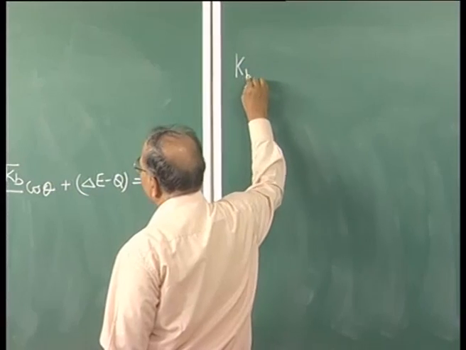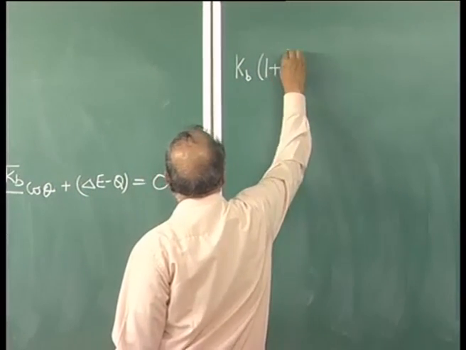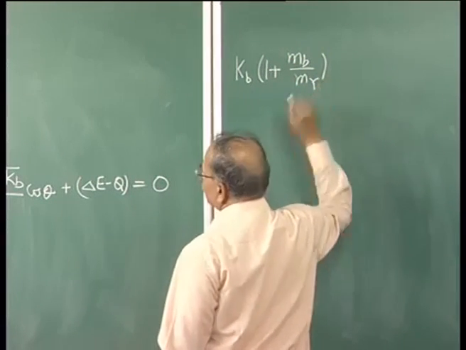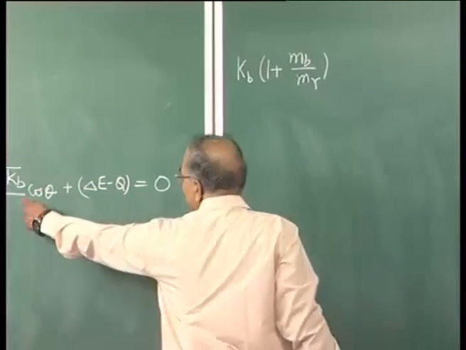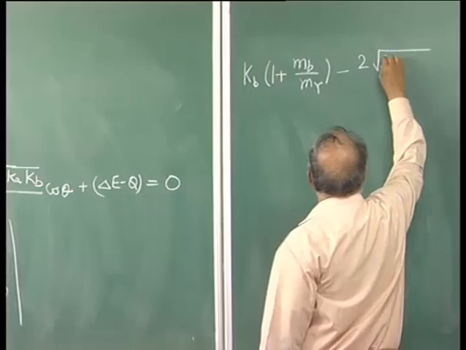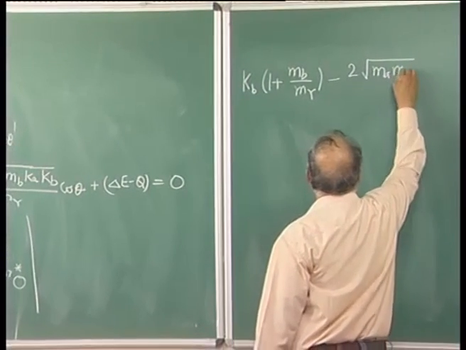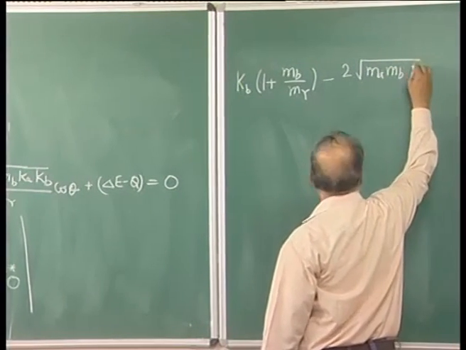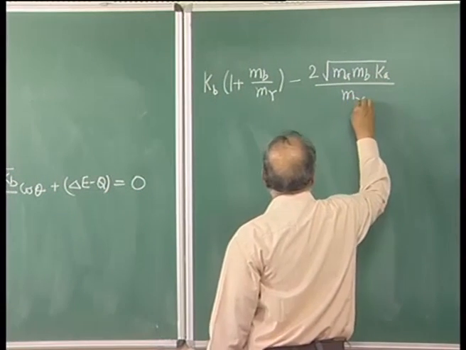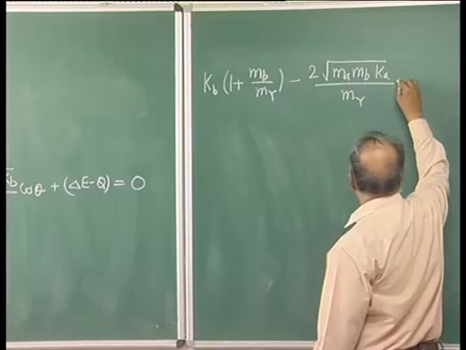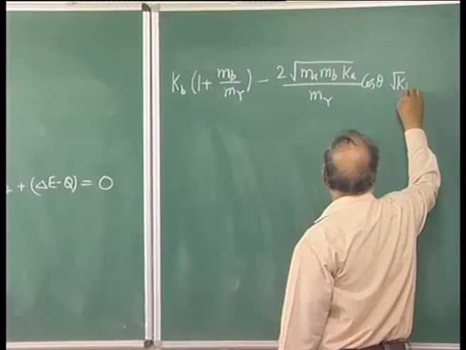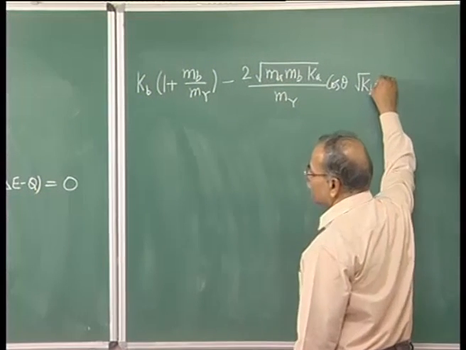So, it will be kb times 1 plus mb by my, and then minus 2 times square root of ma mb ka divided by my and cos theta also, times square root of kb, and everything else I will write here.